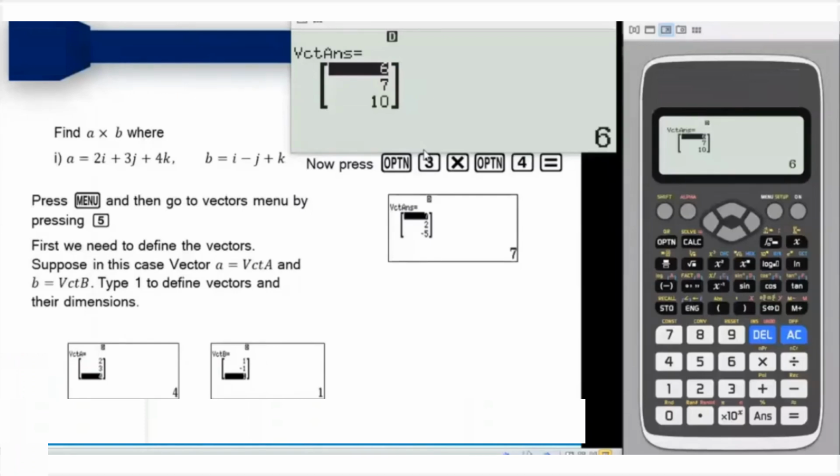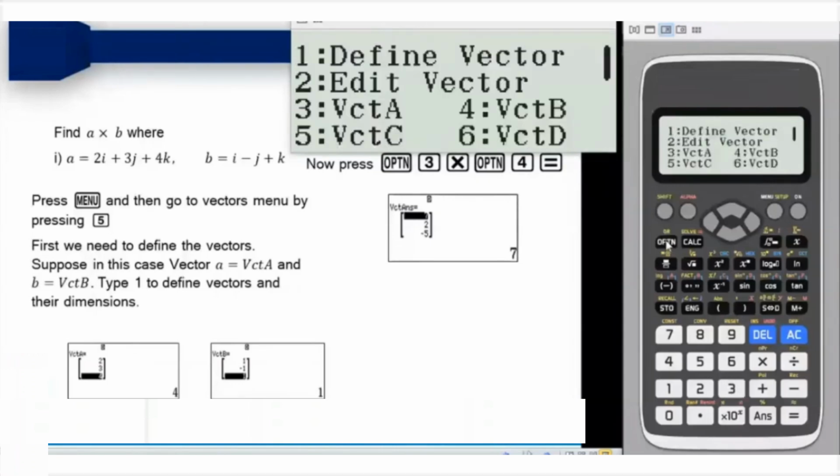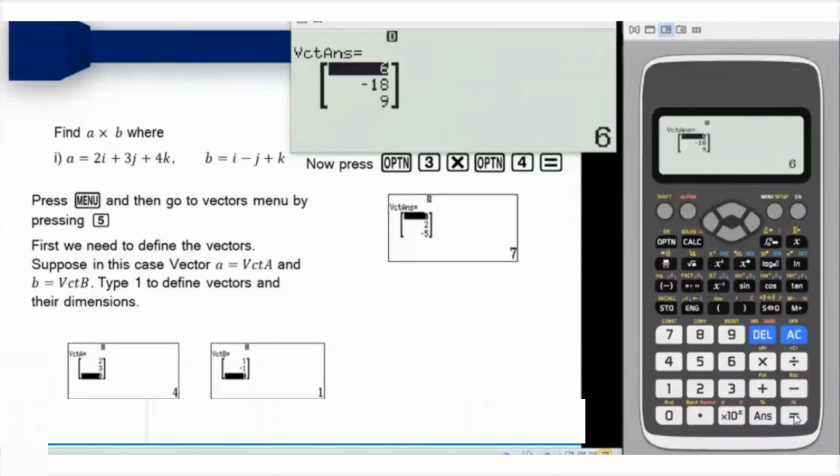And if the examiner asks us to find the cross product or the dot product or the algebraic multiplication, we should be well versed on how to do that. Through the calculator, it's a very simple task. If you are told to perform algebraic multiplication, let's say I need to find 3 times vector A. All I have to do is 3, option 3. So this is 3 times vector A. This is algebraic multiplication.